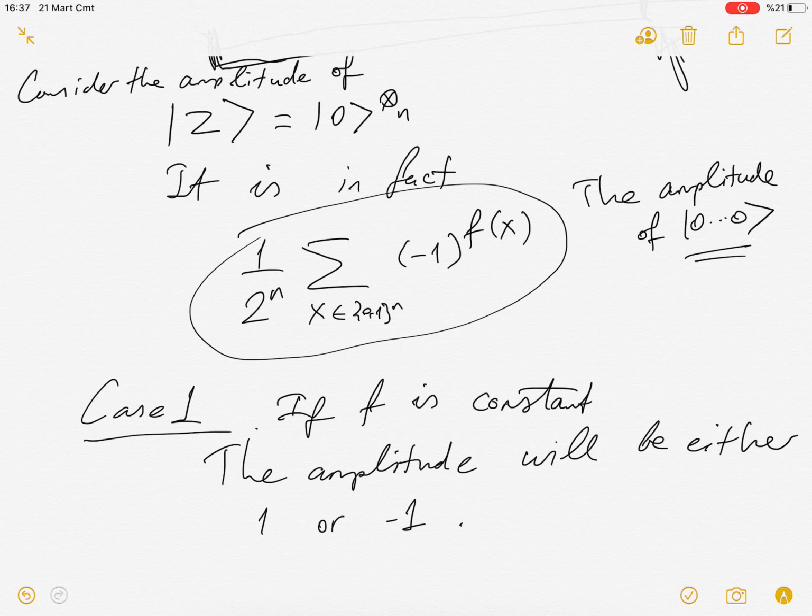So if we measure the first register, and if f is constant, the amplitude of the 0, 0, 0 state will be 1.